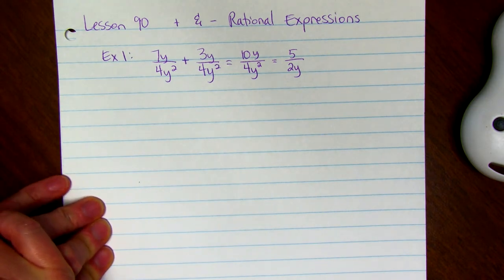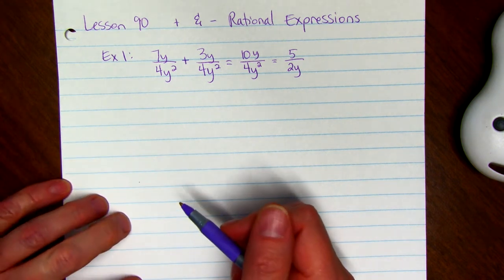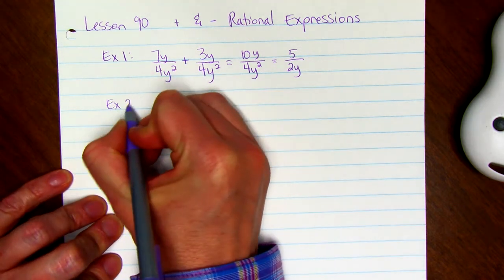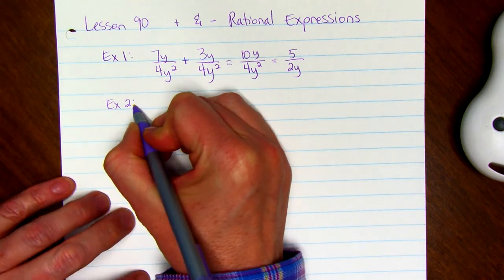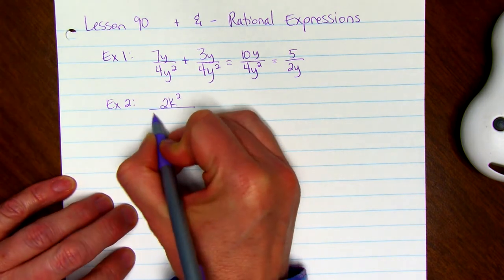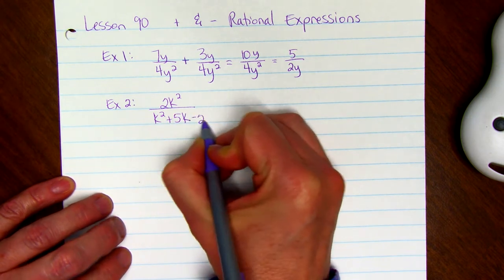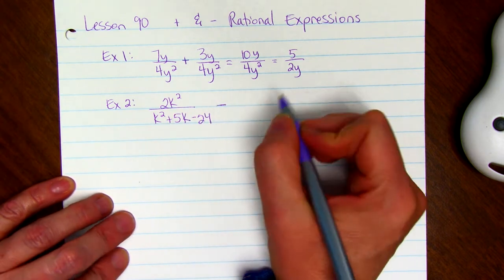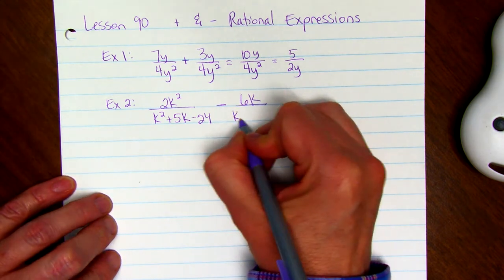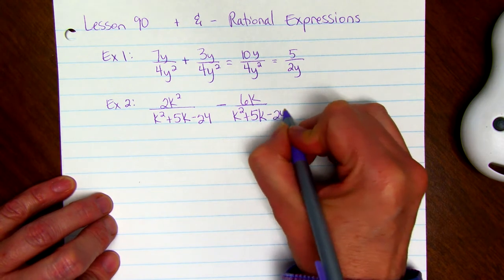Here's another example. If we have 2k squared divided by k squared plus 5k minus 24, and we're going to take away 6k divided by k squared plus 5k minus 24.